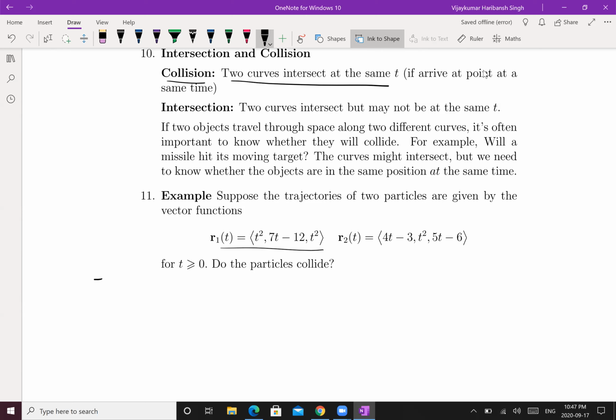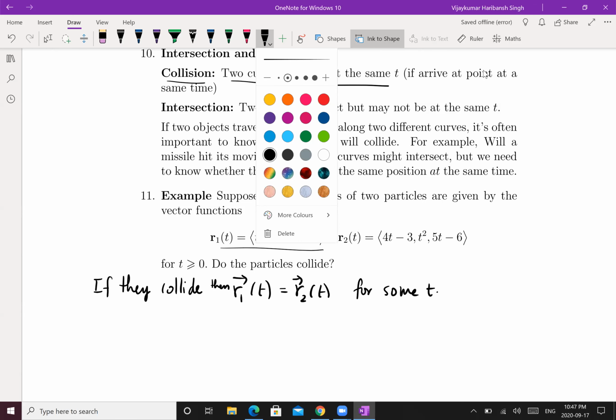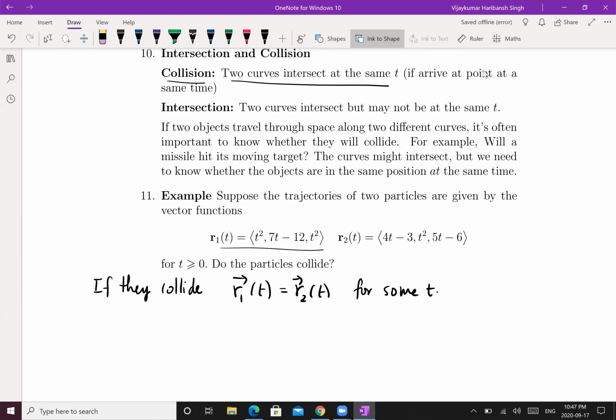Well, if they collide, then they should arrive at the same point at the same time, right? So this happens if and only if r1(t) equals r2(t) for some t.